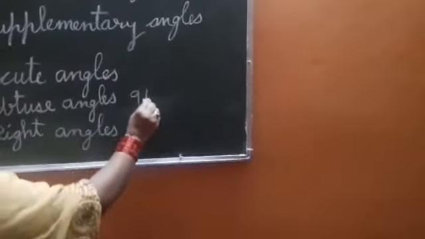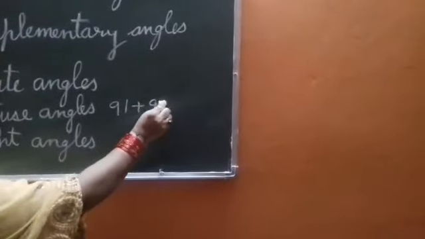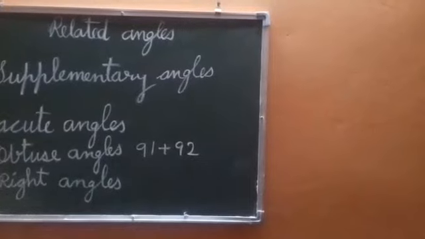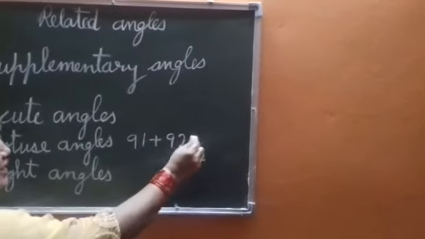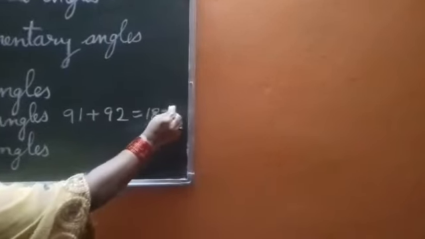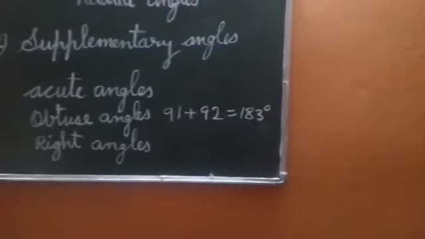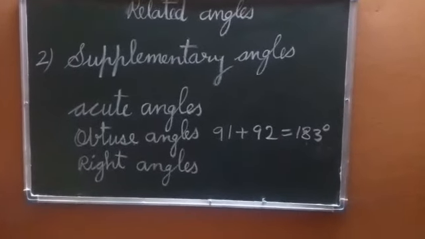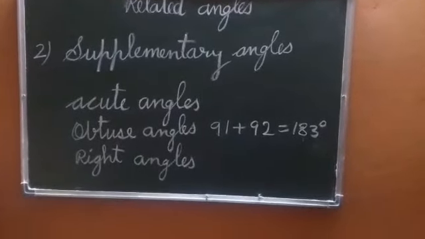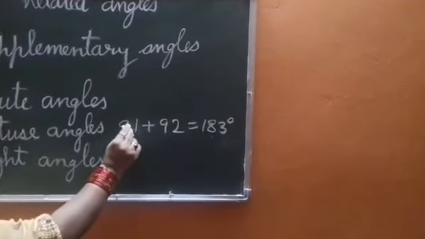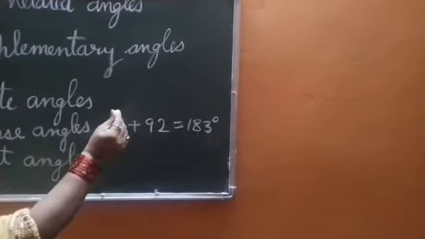Then when we talk about obtuse angles, if I take the smallest obtuse angles, let's take 91 and 92, because obtuse angles are always more than 90 degrees and less than 180 degrees. So if I take 91 and 92 also, their sum will be 183, which is more than 180 degrees. So two obtuse angles also cannot be supplementary, because even if we take the smallest obtuse angles, an obtuse angle is greater than 90 and less than 180.